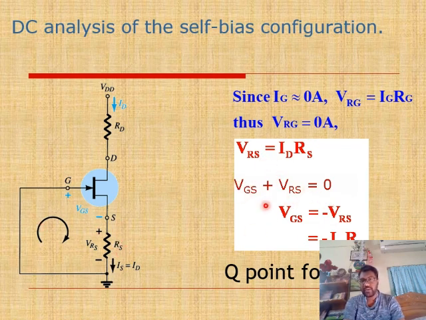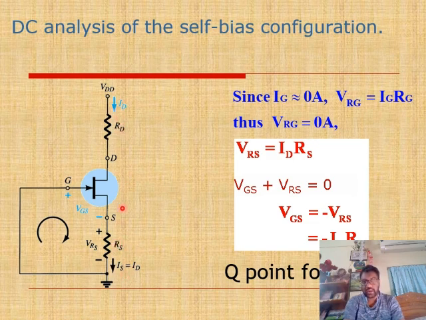As per the KVL, VGS plus VRS is equal to 0. So technically VGS equals minus VRS, and that can also be written as ID into RS.